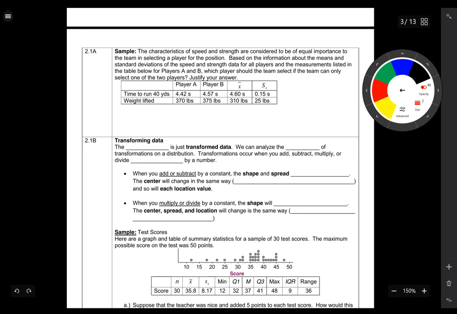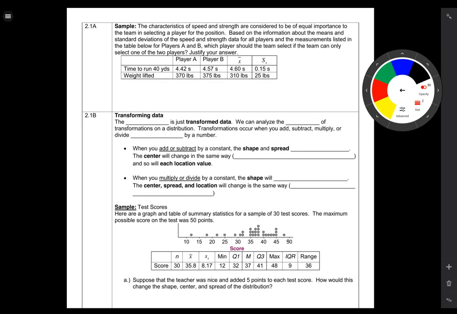So let's do time to run 40 yards first. Okay, so player A, his or hers. Okay, so the z-score, well, since weight lifted is 370, that's a really strong woman.